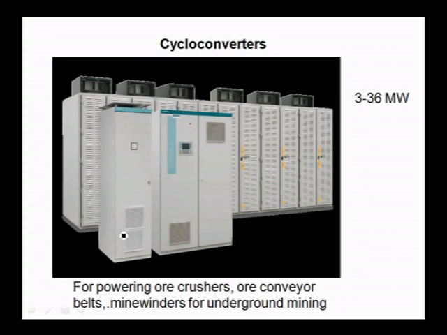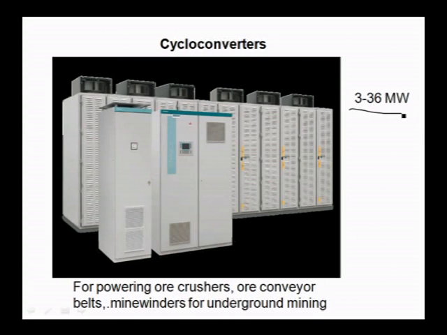Just now I told you about powering ore crushers, ore conveyor belts, and mine winders for underground mining, where high power, low speed drives are required. In such cases we go for cycloconverters. See, they have written the power range, 3 to 36 megawatts for cycloconverters.